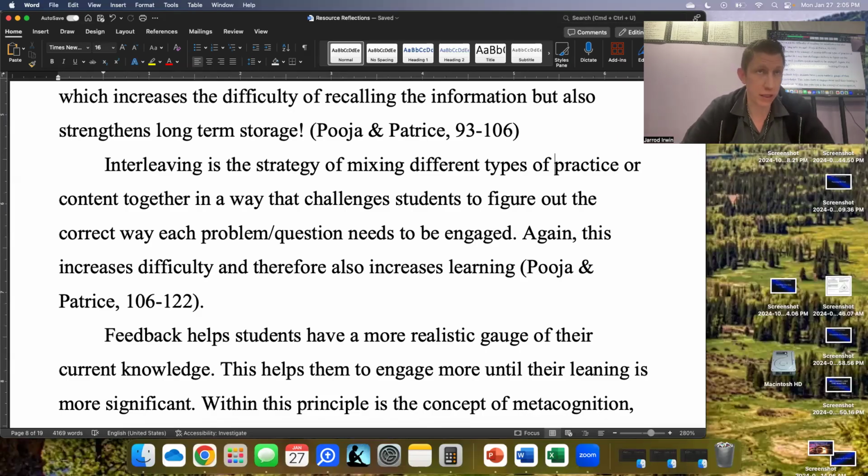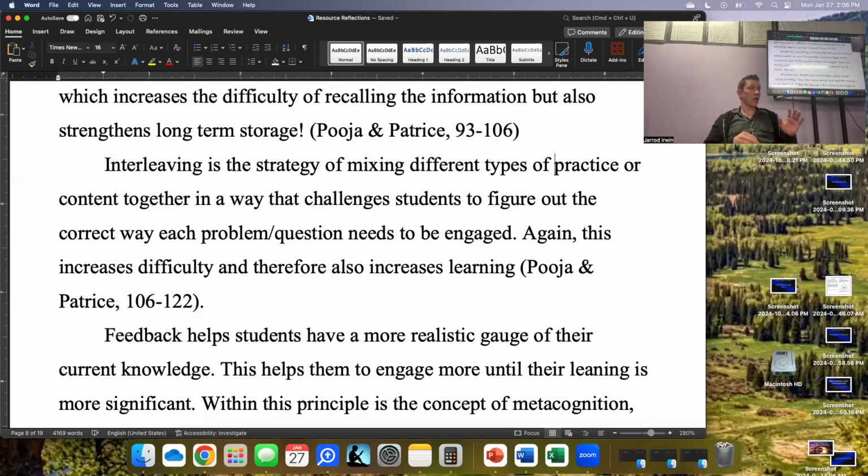No, wait, different rules for subtraction. Instead of just doing a whole page of division where they get into a routine, same rules for each problem, no, I've got to remember the different rules for the different type of problem I'm working on. And that's challenging me to bounce back and forth.